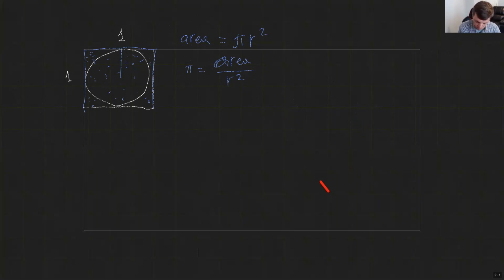forever. What we could do, we could also take any kind of random rectangle and any probability density that we want to sample from.